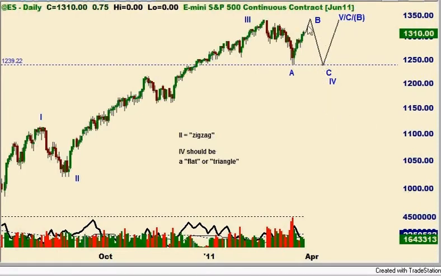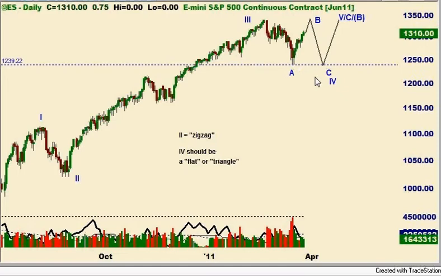And if indeed we go up and test, say, 1344 on the cash, go down and test the lows around the 1250 area in the cash, about 1239 on the futures, then likely this is an ABC. It obviously needs to hold fairly close to the bottom of the A wave.